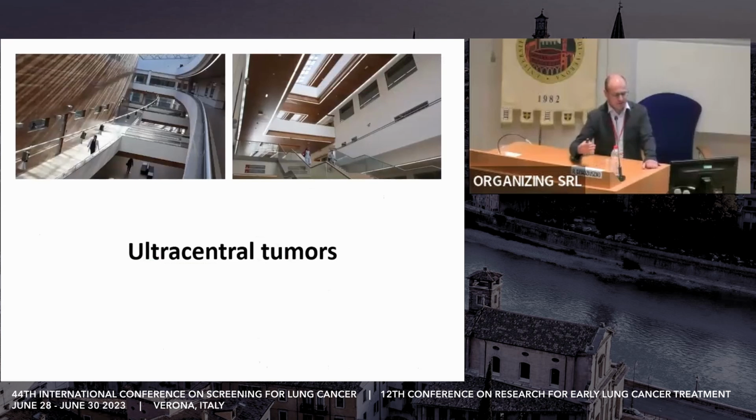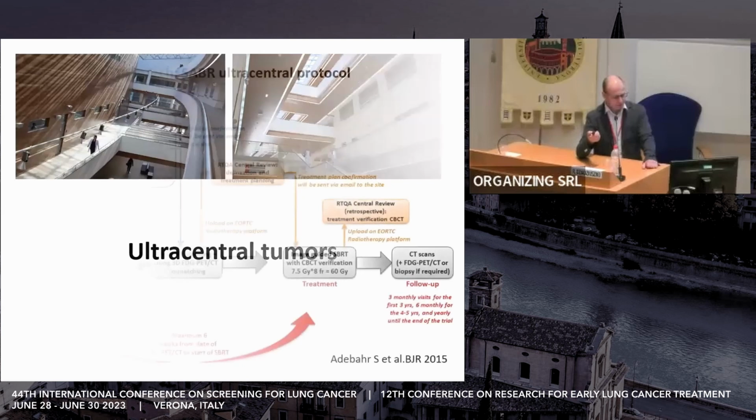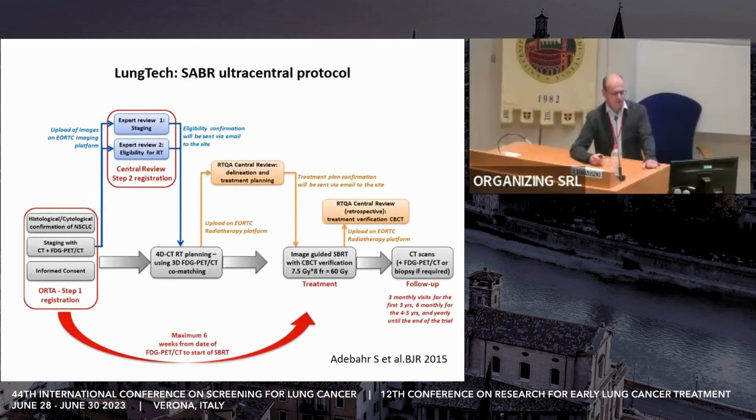So how do we expand on SBRT right now? First of all, ultracentral tumors, the tumors that are located close to mediastinum, within 10 millimeters from mediastinal structures. This is a somewhat newer definition, as the traditional one is 20 millimeters.